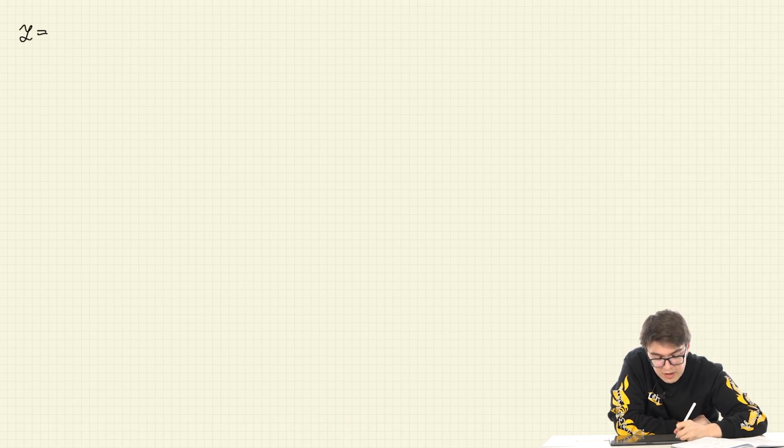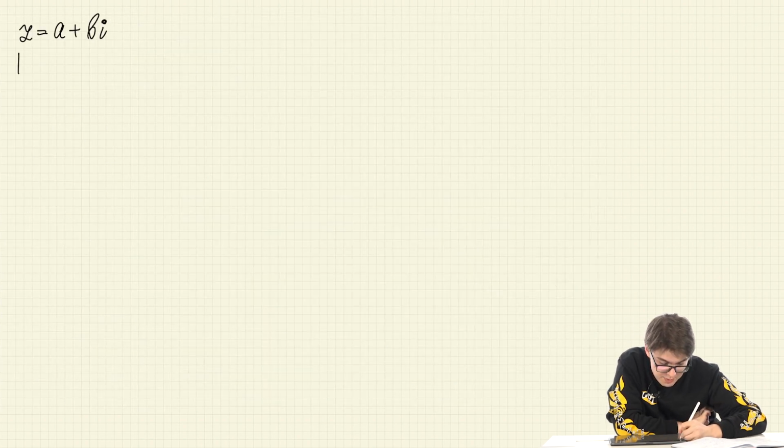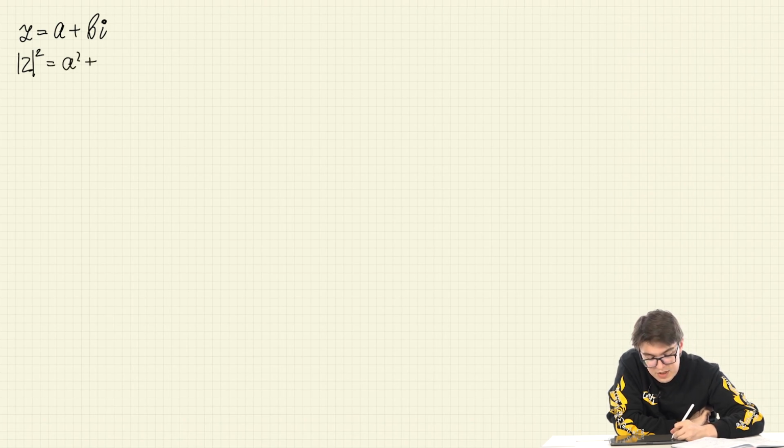So our complex number z today is a plus bi, where i is the complex unit. If you look at the picture again, you can see that the absolute value of z squared can be found easily as a squared plus b squared.